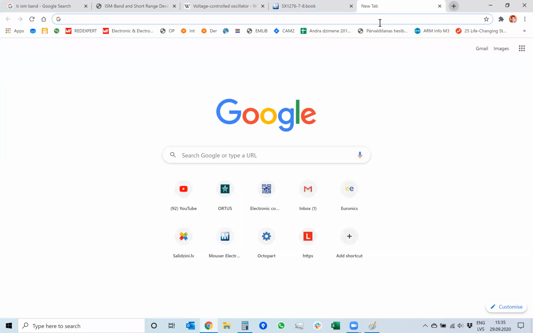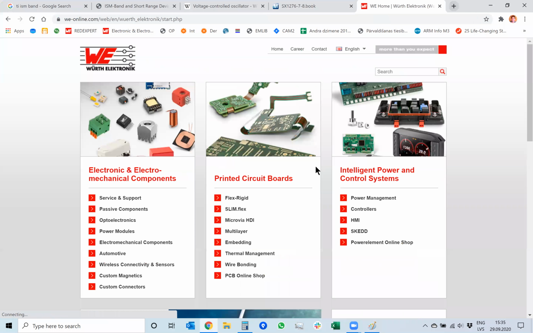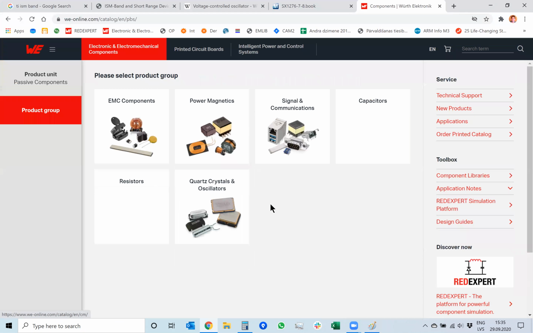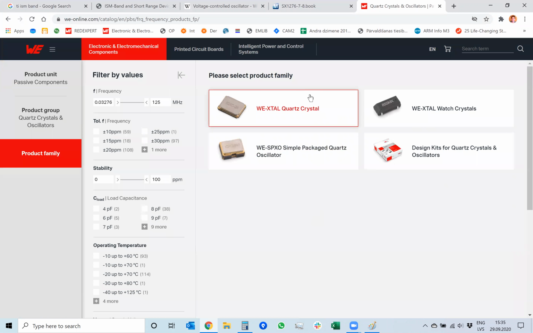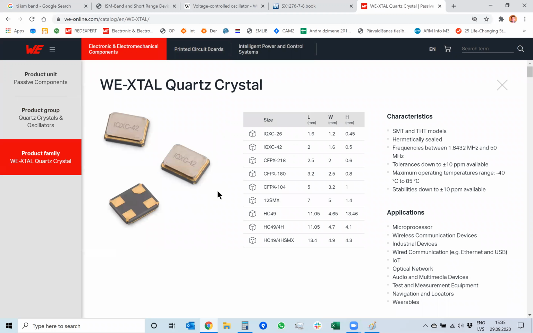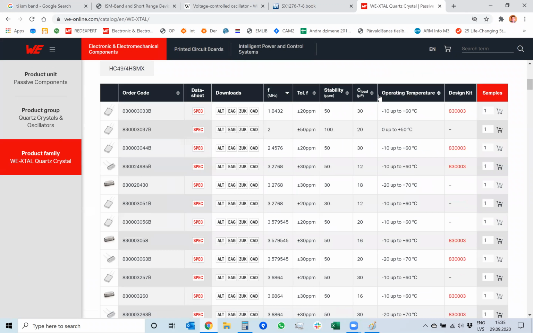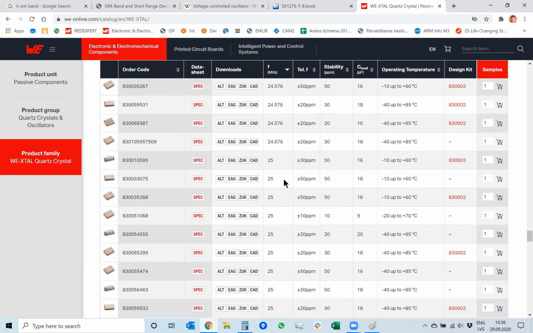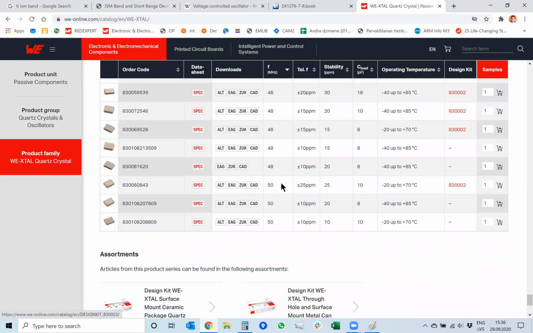Well, let's see, for example, we go to a crystal manufacturer. Quartz crystals and oscillators, quartz crystals. What is the fastest crystal that this particular manufacturer can build? Frequency in megahertz. We scroll down to the bottom, and the highest frequency that can be built mechanically for this particular case is just 50 megahertz, but we need 868 megahertz.